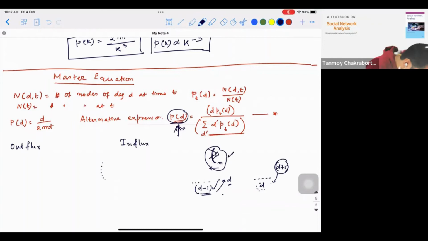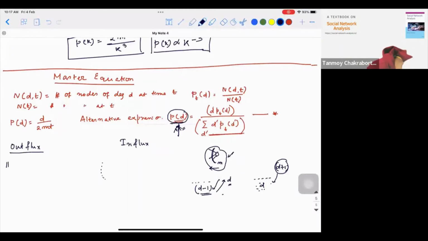So what is outflux? Outflux is the number of nodes, please listen carefully, whose previous degree was d. Outflux means nodes which are moving out of a particular bucket.